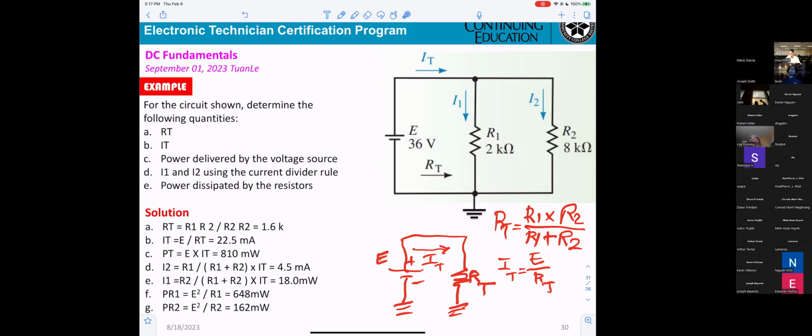If you want to calculate the I1, then you take I total times R joule divided by R1 plus R joule. If you want the power on R1, you use the formula E squared divided by R1. If you want the power on R joule, then E squared divided by R joule. That means you already get the formula.